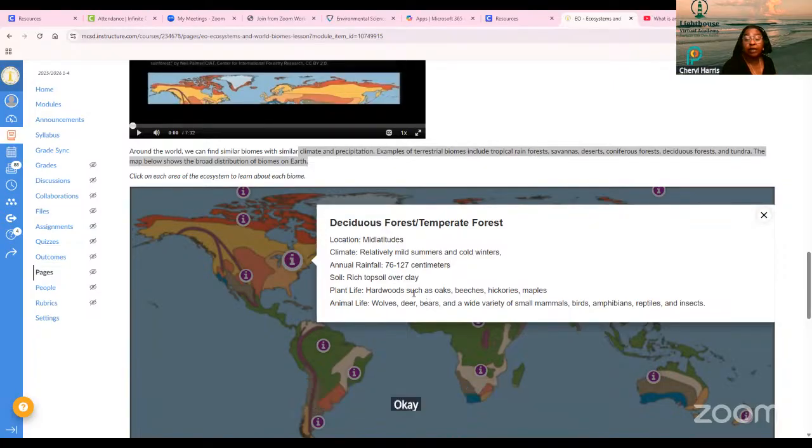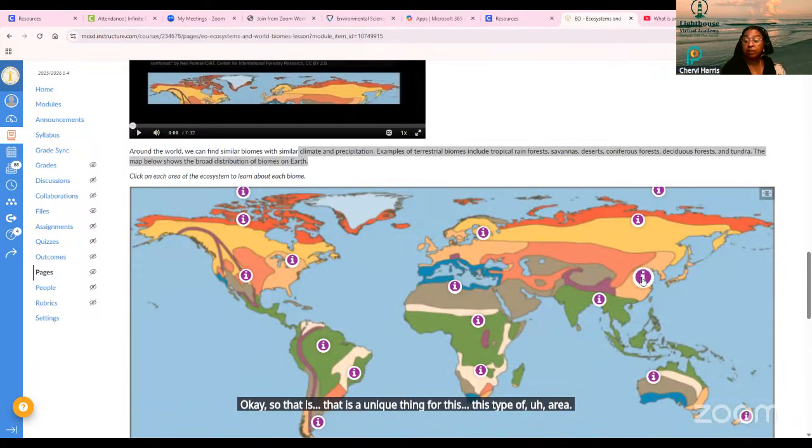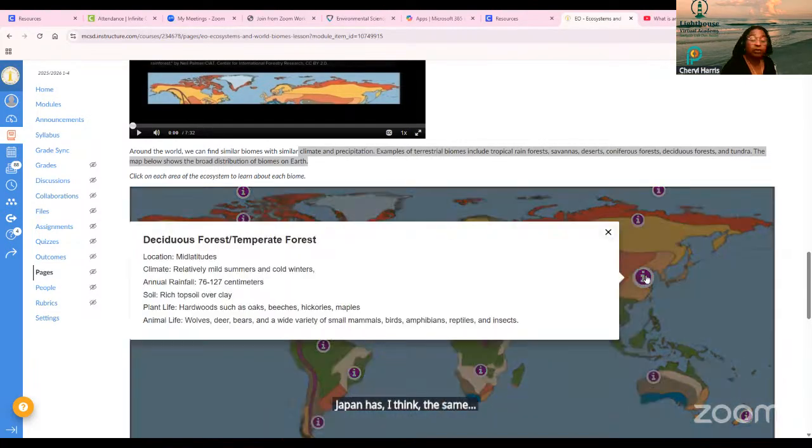That is unique to this type of area. Japan has, I think, the same biome, so it goes across the latitudes. If you go over here to Japan and China, they have the same biome description.